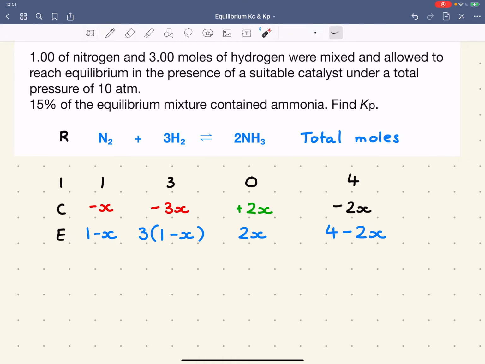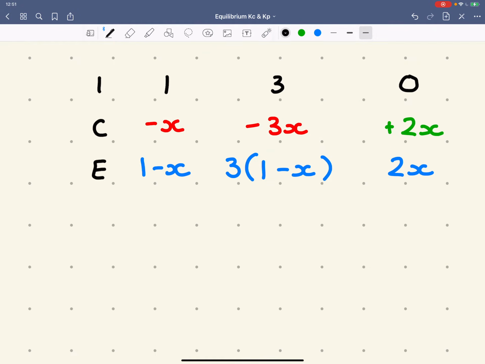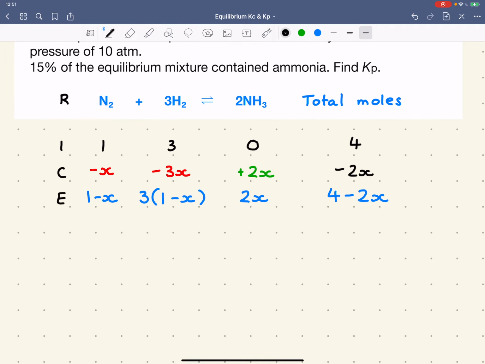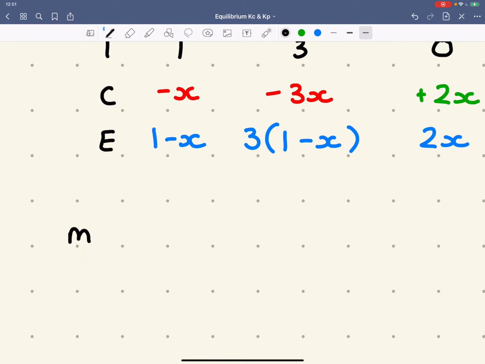From this bit of information here, we can work out the mole fraction of ammonia. 15% of the equilibrium mixture is ammonia. What that is also telling us is that the mole fraction of ammonia must be 0.15. Now what is the mole fraction of ammonia?